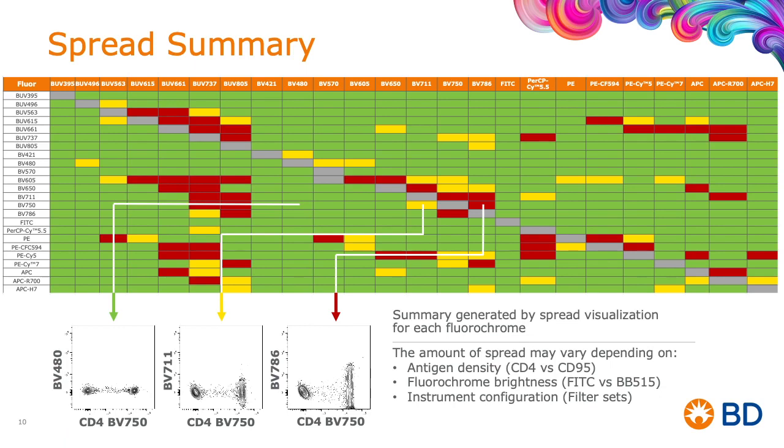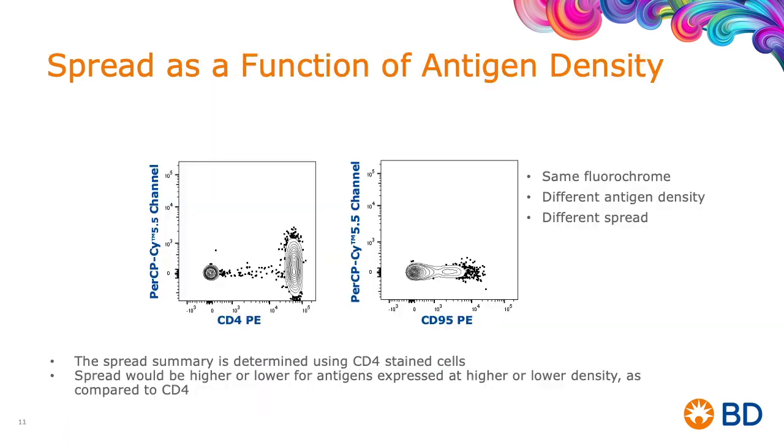For the interest of this presentation, though, I would like just to give an example of the function of antigen density into spread. This is a simple experiment where we stain with CD4 PE or CD95 PE, and we're looking at the spread into the PerCP-Cy5.5 channel.